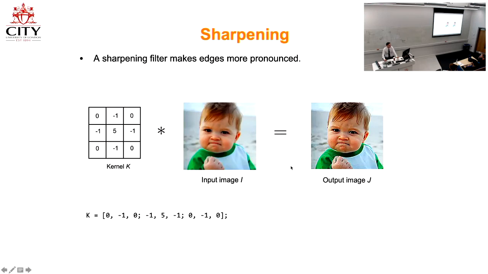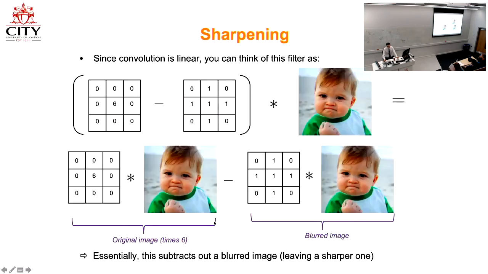So by deducting those values, I put -1s around here. I am deducting the values. I am sharpening the image, right? So this is another kernel. So as you can see, a sharpening kernel is just multiplying it 6 times and then deducting 5 times.